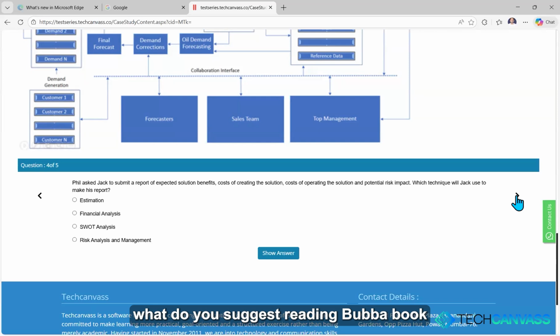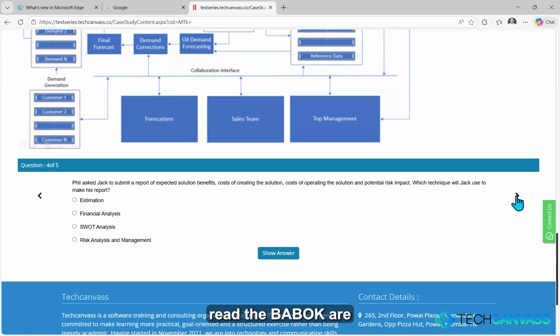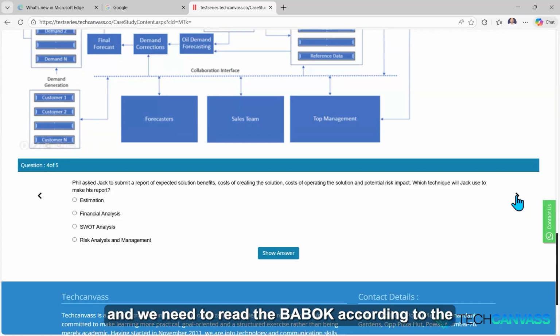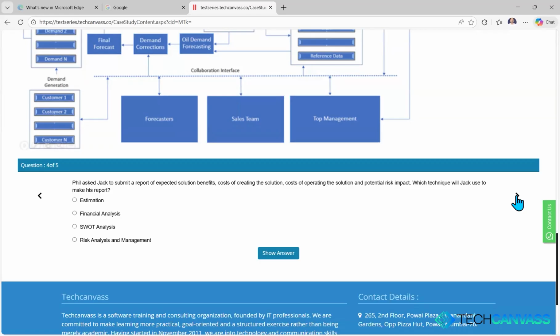What do you suggest? Is reading the BABOK and then taking the classes a good way, or after taking classes do we need to read the BABOK, or is it the third option, that while attending the classes we read the BABOK according to that current day's explanation?